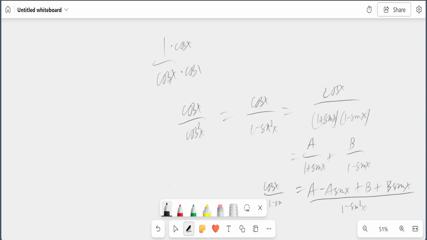So you need to somehow find a way to solve for A and B by making it equal to cosine x.